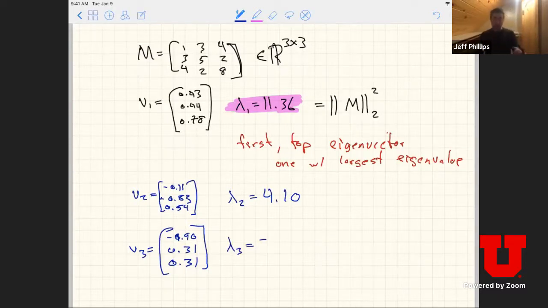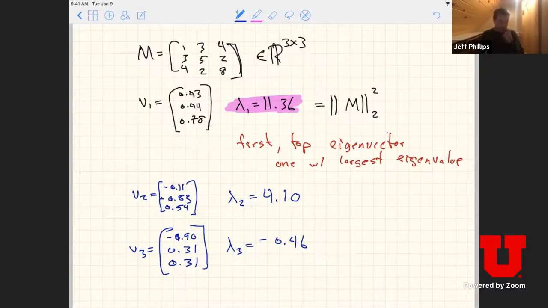So these are decreasing in magnitude, and something maybe odd is happening. You're seeing the eigenvalue can be negative as well. It turns out that in fact eigenvalues could be negative. They can even be complex numbers.